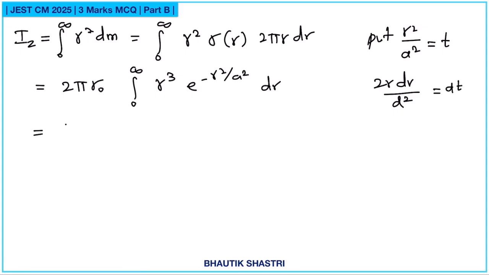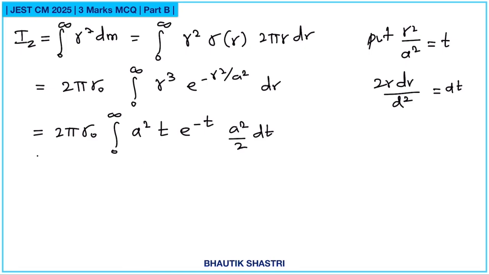One r will be going with this dr, and we have r square here. So this will be a square t e raised to minus t, then a square by 2 dt.